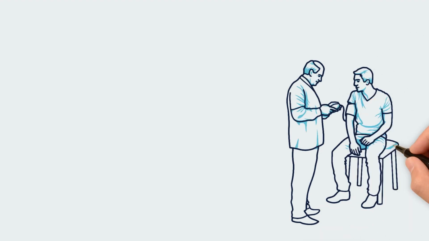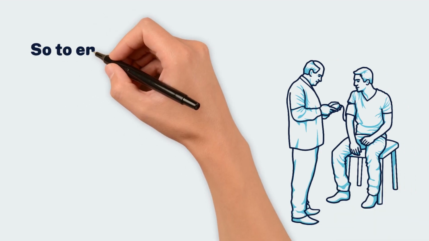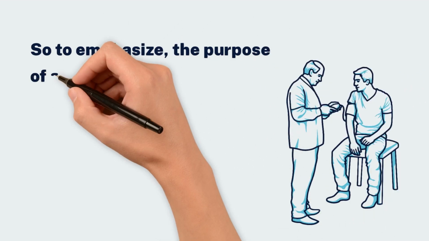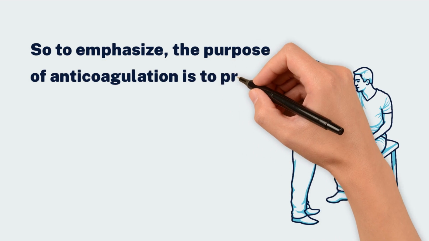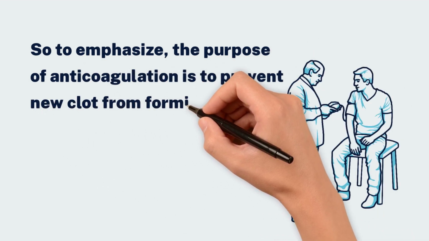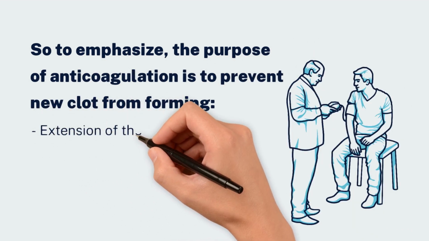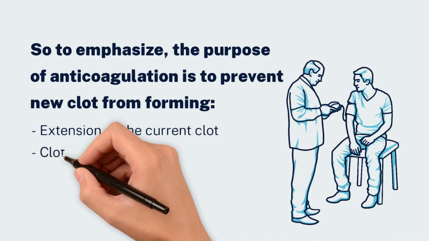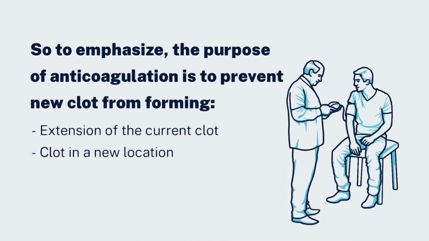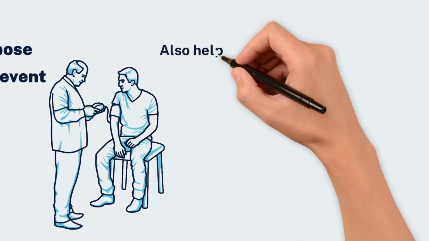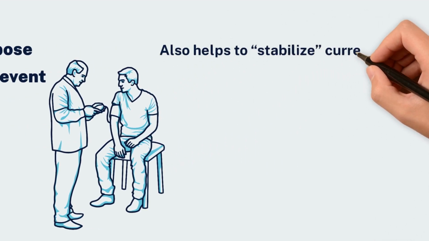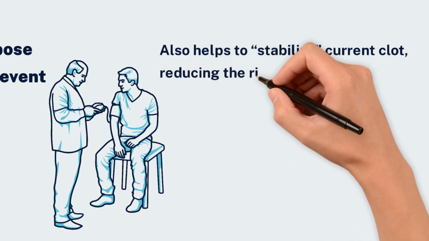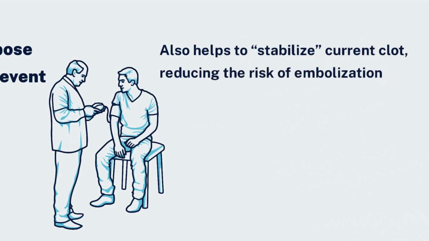So to emphasize this point, anticoagulation is really meant to prevent new clot from forming. This is meant to do two things. First, it prevents an existing clot from expanding or getting bigger. And secondly, it helps to prevent a new clot from forming in a different location. It also has some benefits around helping to stabilize clots, so that they're less likely to embolize in the future.